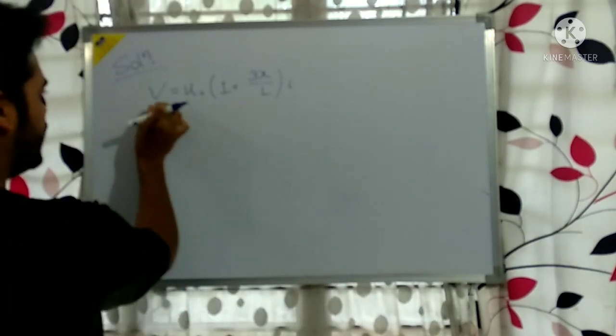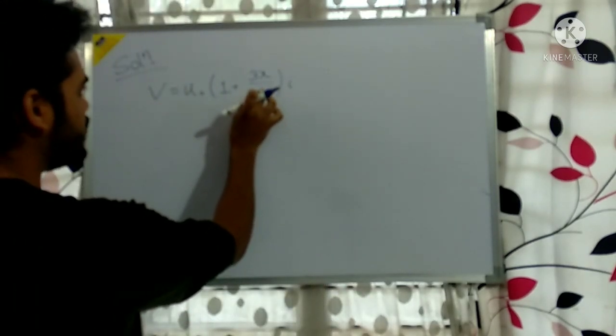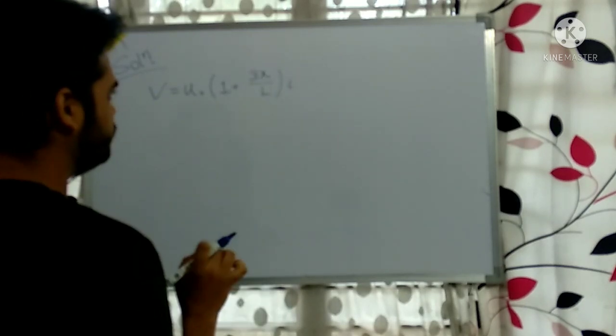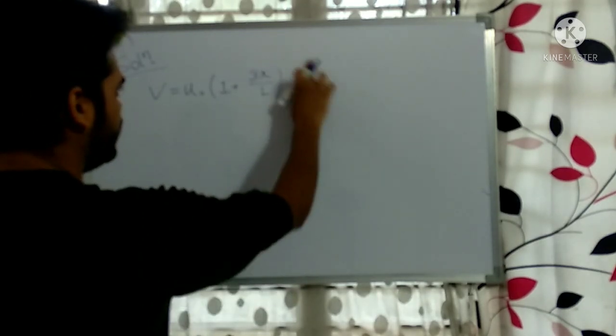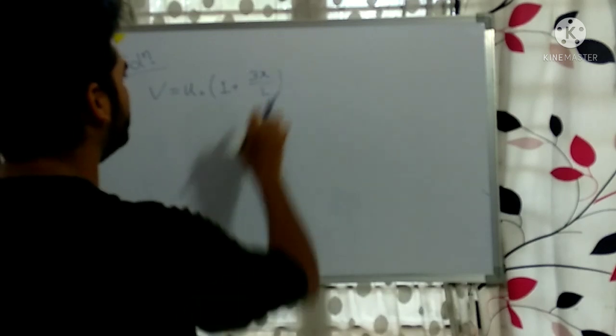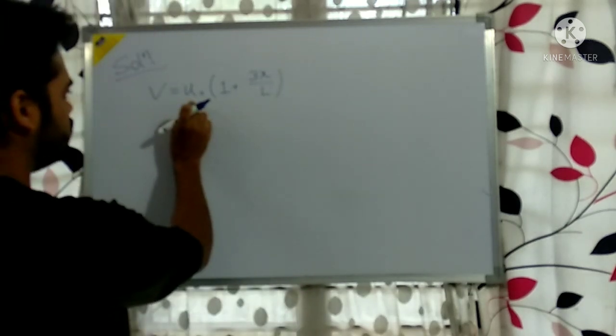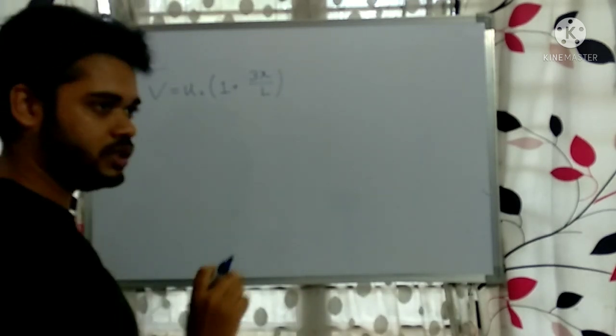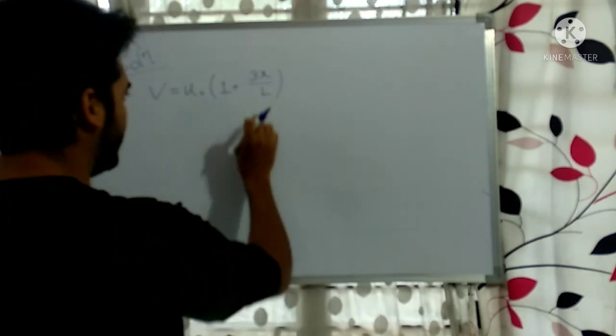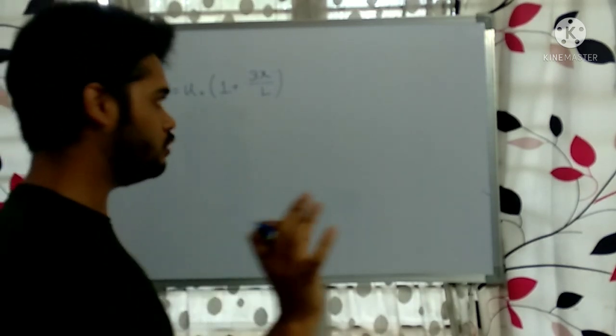It says that velocity is changing with respect to only x. So let me ignore this i. U naught is constant because U naught is the initial velocity of the fluid particle in the pipe, and L is the total length of the nozzle.